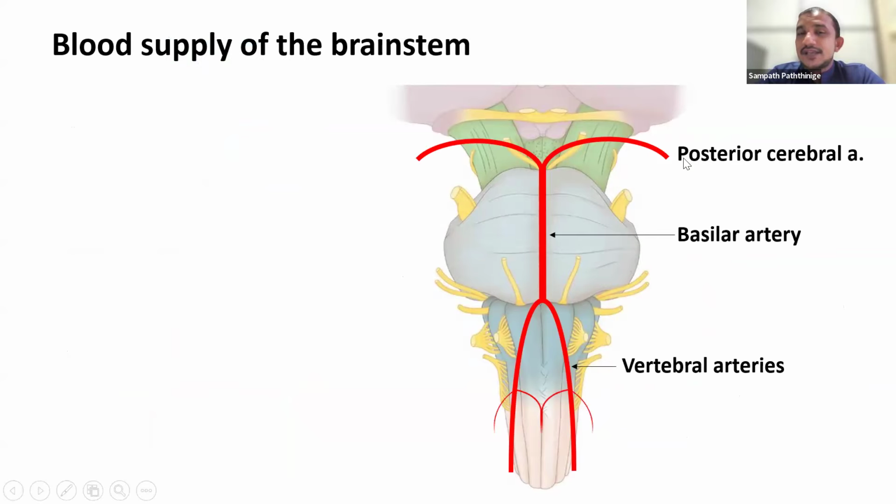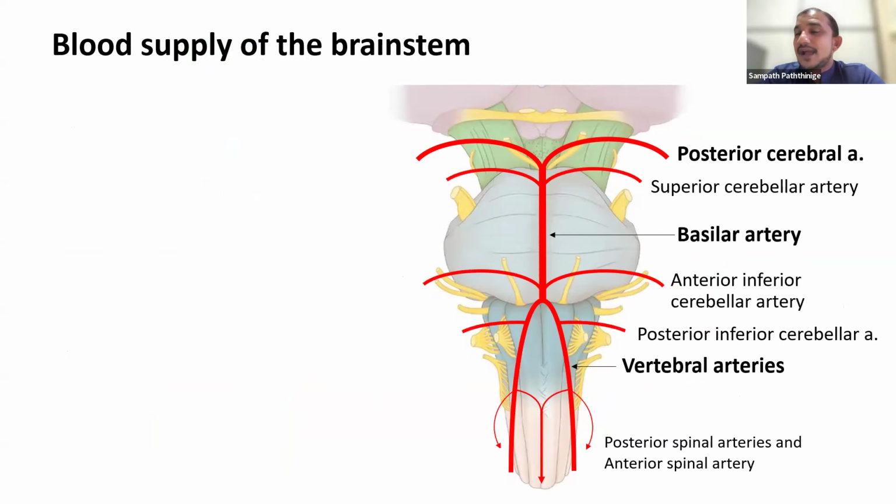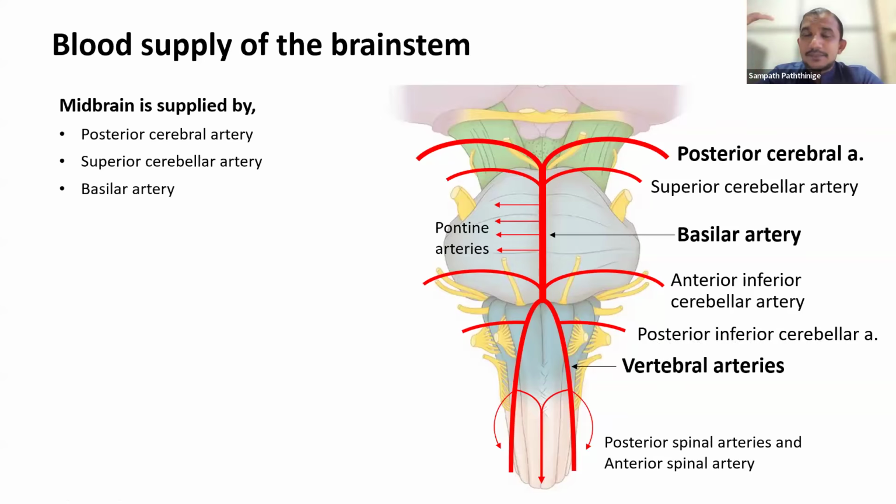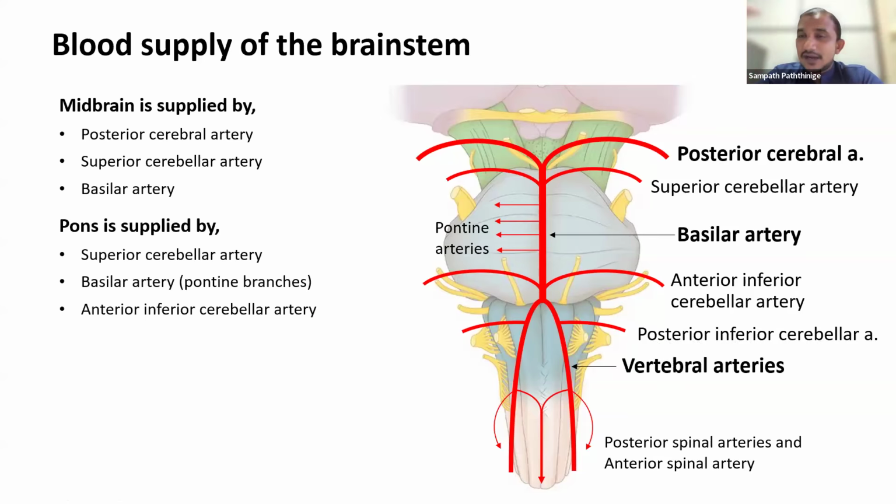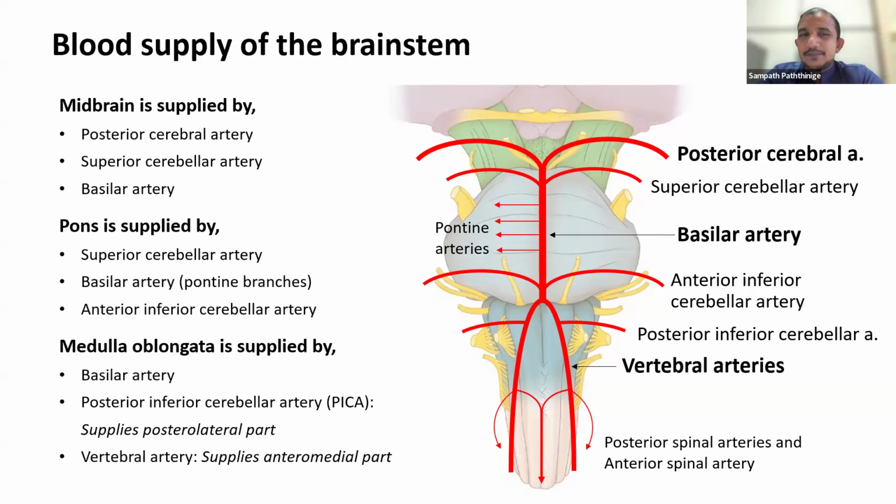This system gives rise to the spinal arteries, the anterior and posterior spinal arteries. We learned about that. And it gives rise to three cerebellar arteries: superior, anterior inferior, and posterior inferior. And it gives a lot of pontine branches to the pons. So the different areas of the brainstem are supplied by the adjacent arteries. Most importantly, that is the blood supply of the medulla.